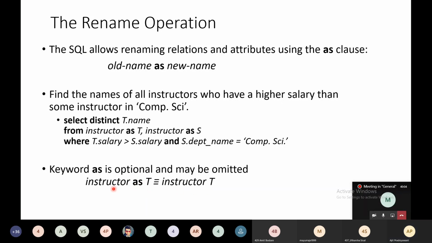So in queries, we will find instructor T. Instructor T means you are giving this name T to this instructor. Or simply, this is the rename operation.